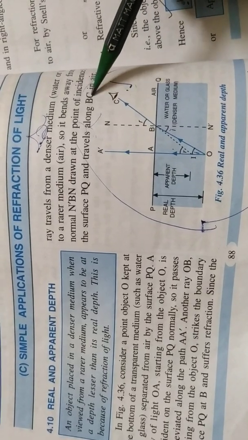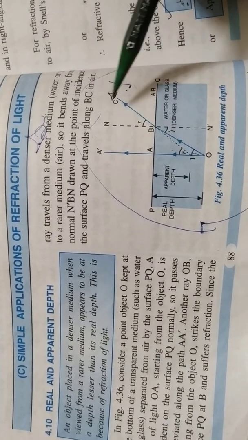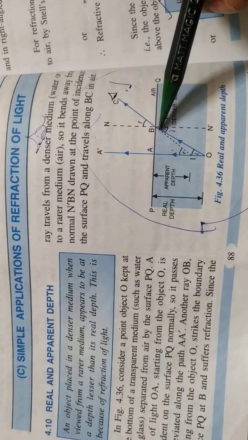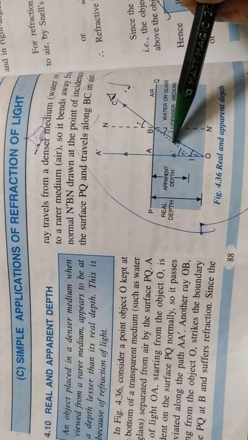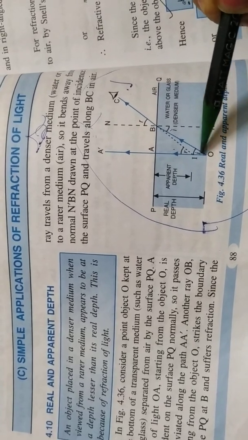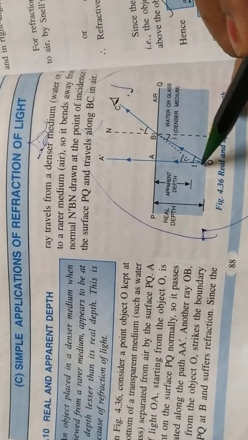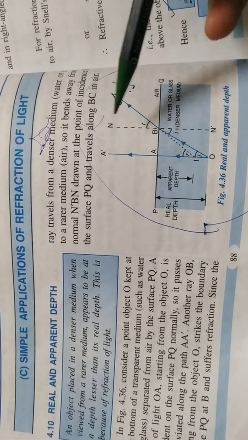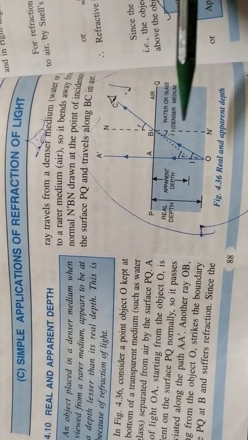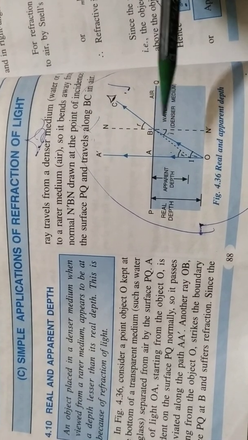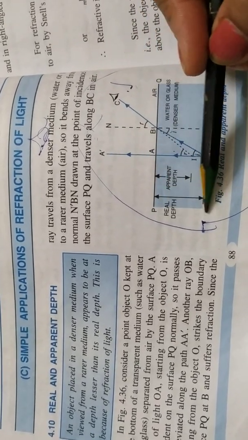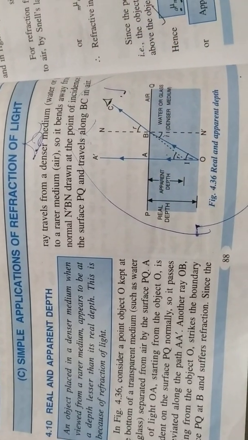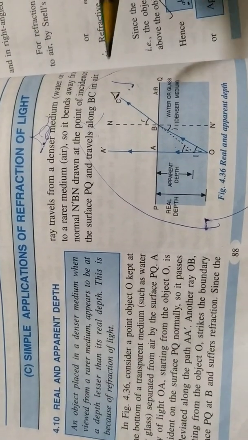So when the observer observes, he sees the object at this position, because if we back produce this line as a dotted line, it will meet the first ray here. It means that for any observer in a rarer medium, anything which is in a denser medium, the actual depth of the object will not be seen by the observer.